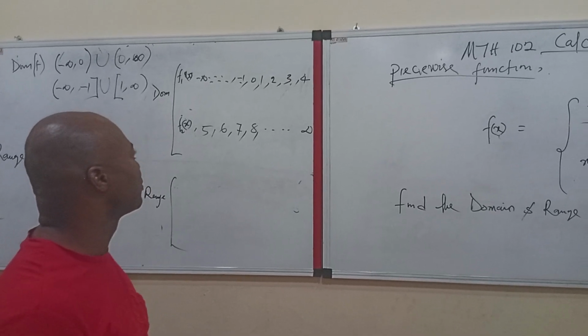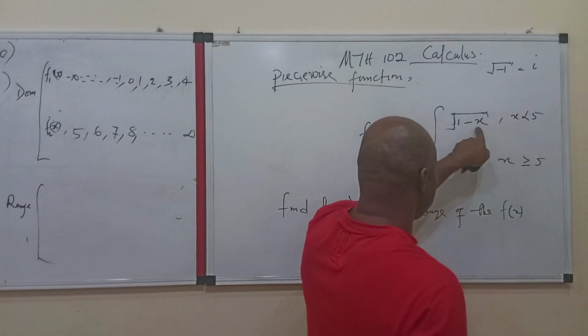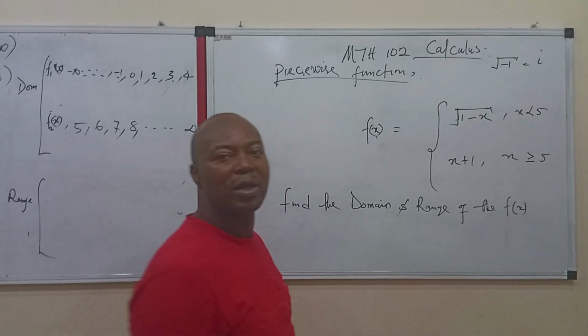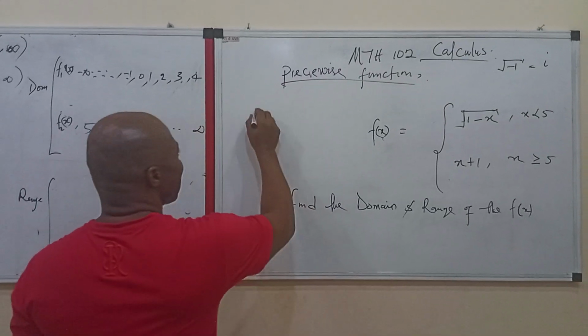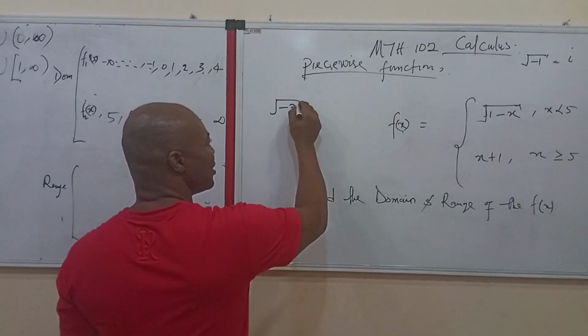Now let us look at it. If we put 4 here, we get 1 minus 4, and the answer will be -3.